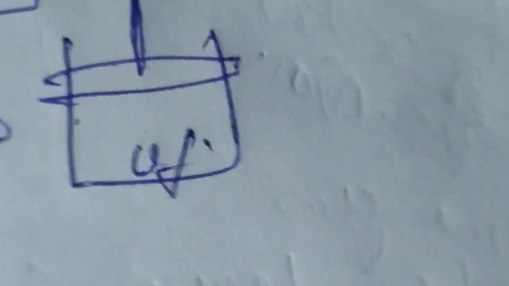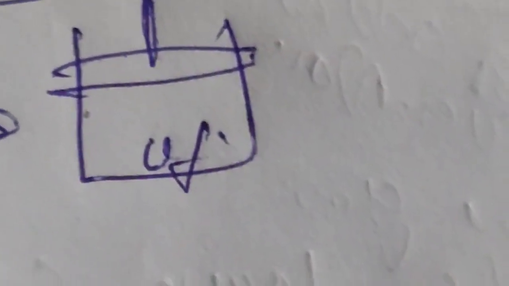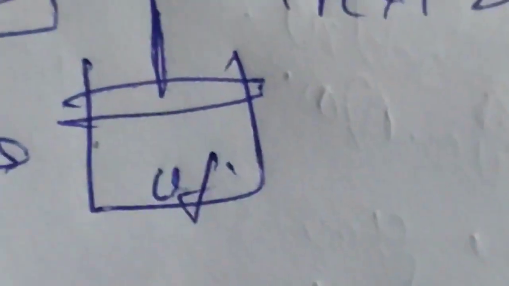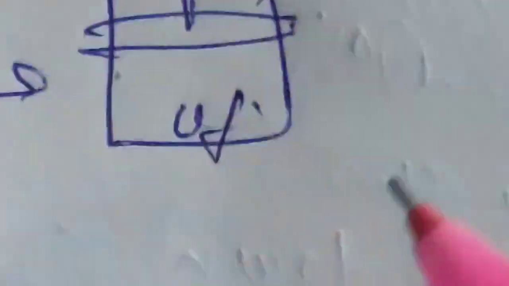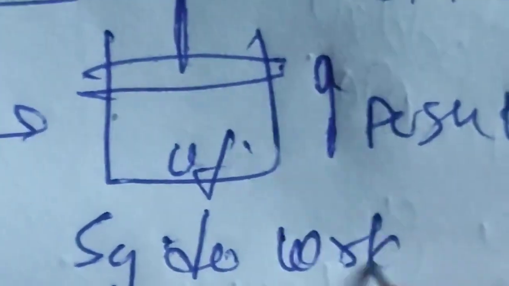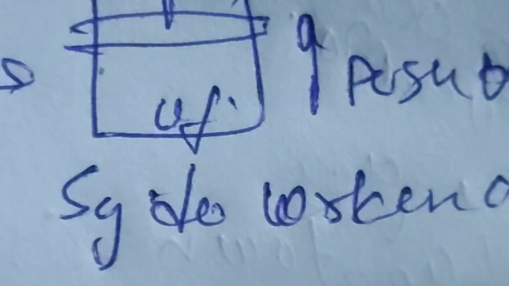For example, when we punch water, it pushes back. That is an example of push back on our hand. So in that case the system does work on the surrounding.